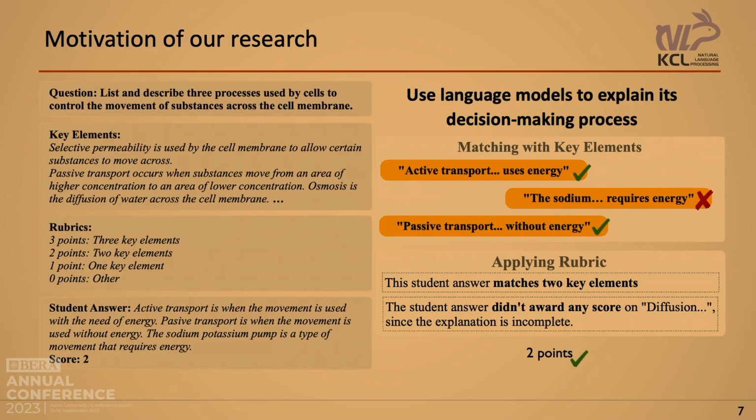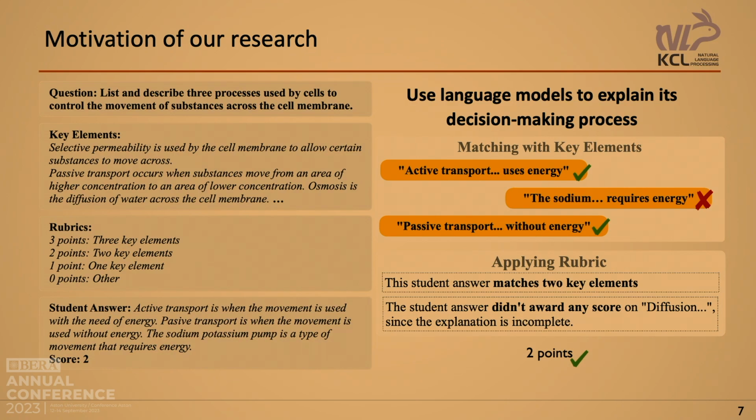As shown on the right-hand side, a desired explainable assessment system should be able to identify the correct and incorrect parts of the student's answer using the key answer elements and conclude a score based on the rubric. The rationale can make the assessment process much more transparent than only predicting a score, and it can also be used as more effective feedback to enhance students' learning experience.